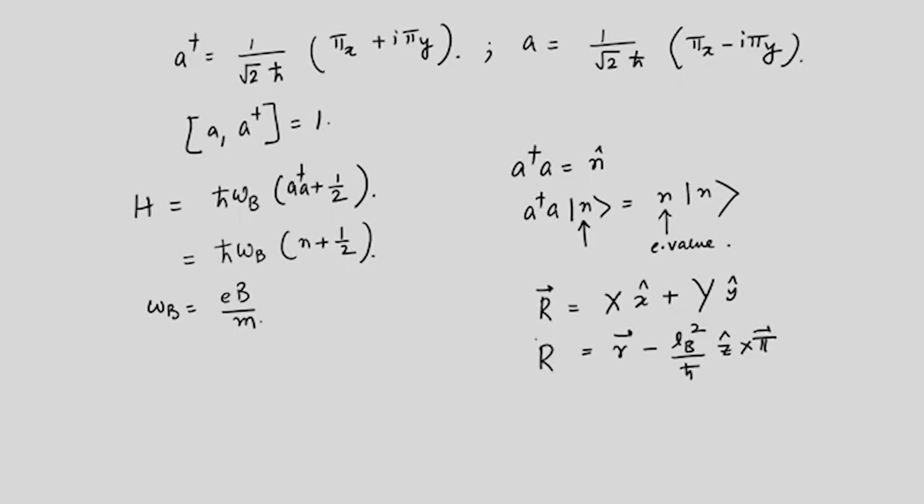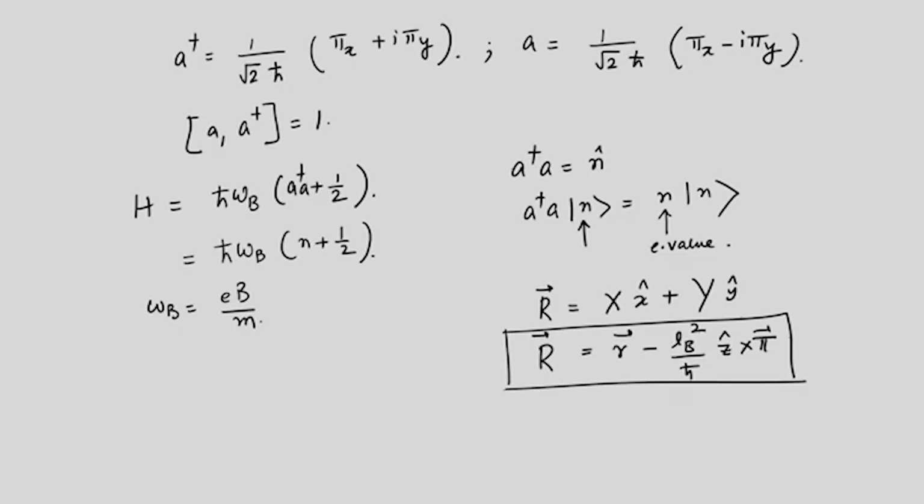So I introduce some vector operator in terms of these pi operators, and these components of this operator give you the proper commutation relations for pi. So that is what we wanted to write down.